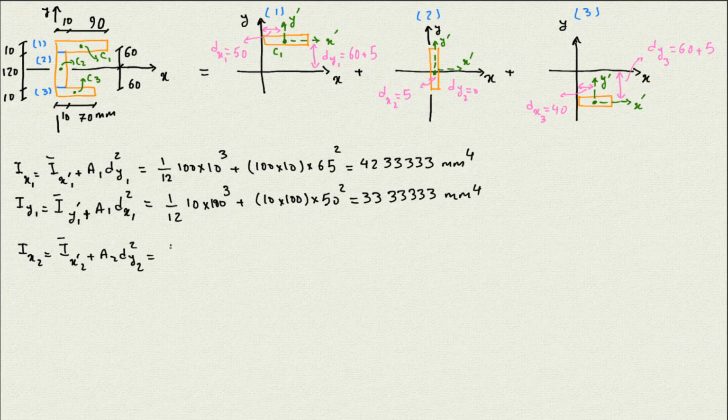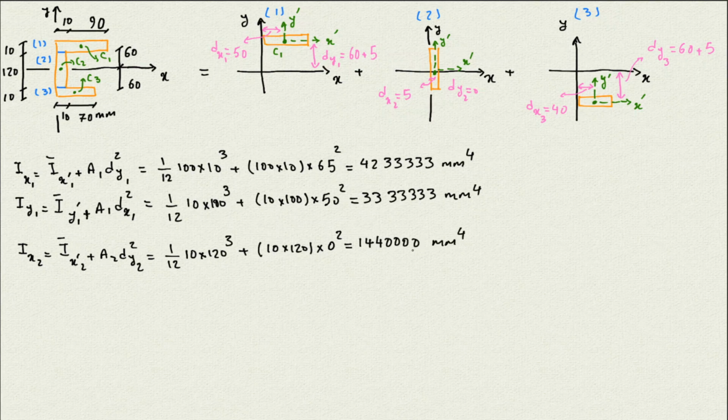So it's going to be 1/12, and the b is here 10, and the height is 120, so times 10 times 120 cube, plus 10 times 120, and the distance between its centroid and the x-axis is just 0. So what we will get is 144,0000.